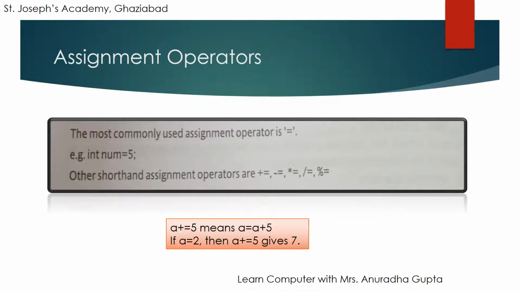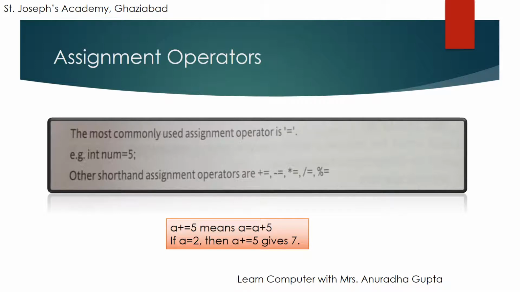To understand how to use these shortened assignment operators, let's take an example. Here a plus equal 5. A plus equal 5 means a equals a plus 5. Suppose we have a equals 2, then a plus equal 5 gives 7.